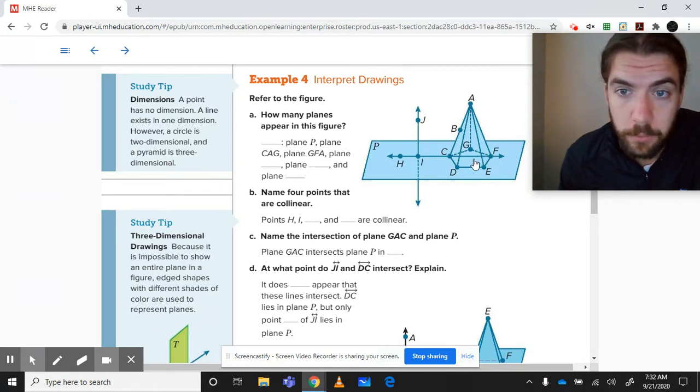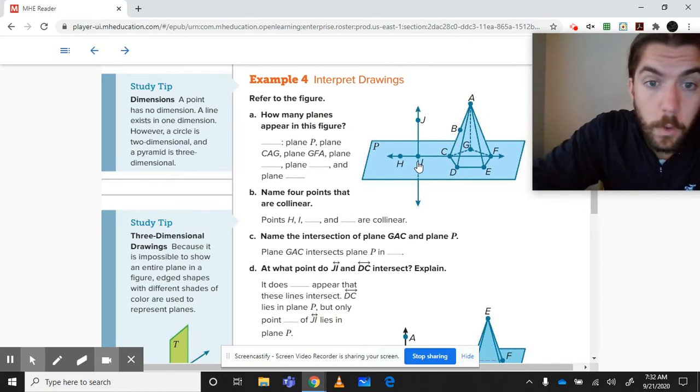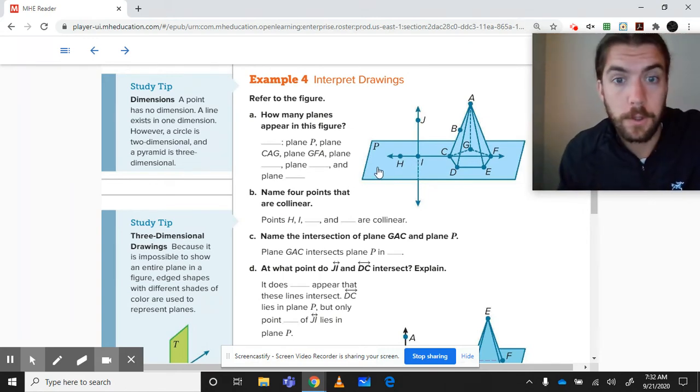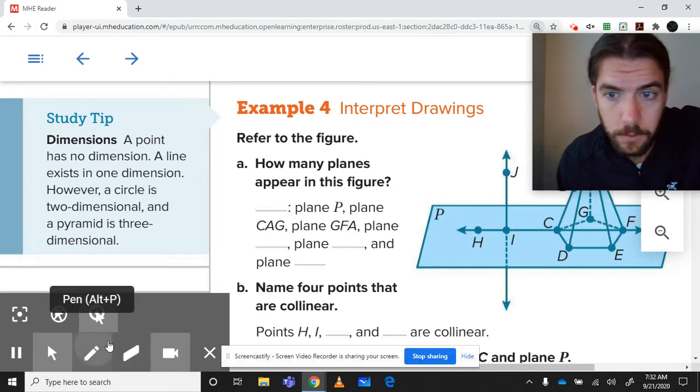Plane, well, it's going to be the three other triangles, right? The front one on the right, the front one in the middle, and the front one on the left. So triangle FAE, EAD, and DAC would all be describing their own planes. Let's zoom in a little bit on that so we can write that.